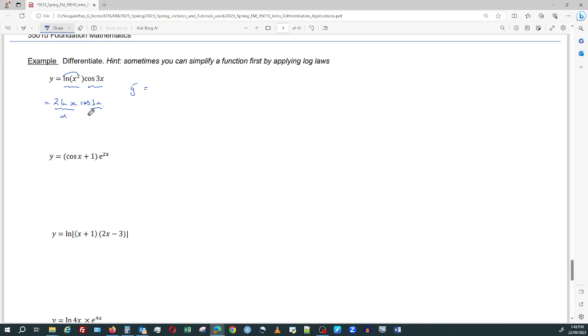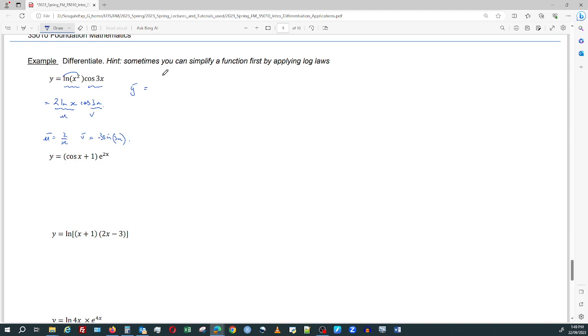So u dash will be 2 over x. And this one v dash will be minus, because differential cos is minus sine. But there's a 3, isn't there? 3 sine. I told you not to do shortcuts.